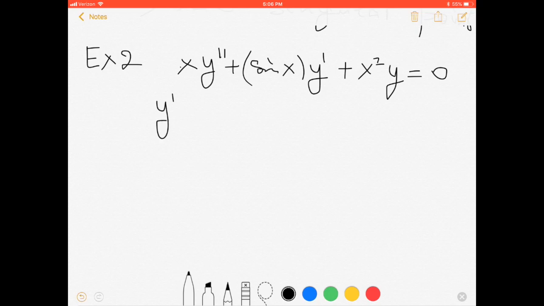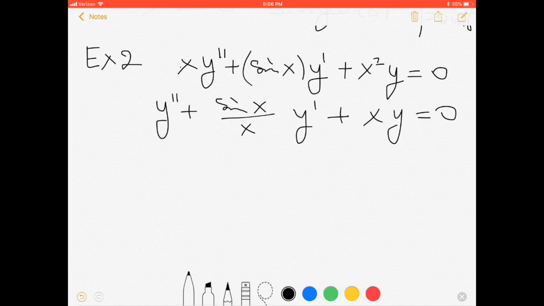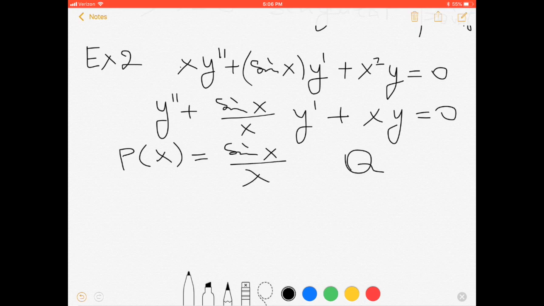The standard form will be plus sine x over x y prime plus x y equals 0, and our function p(x) will be sine x over x, and q(x) will be only x.